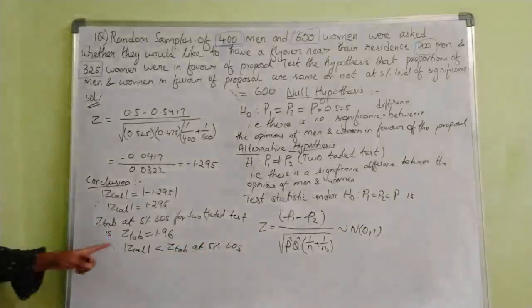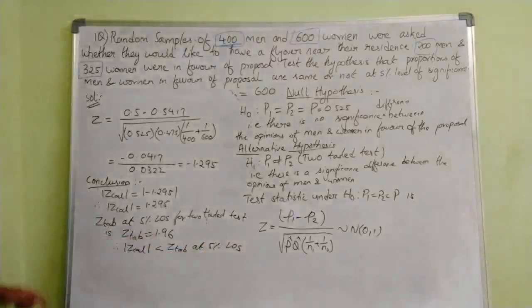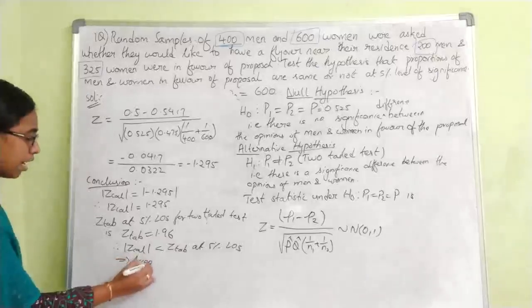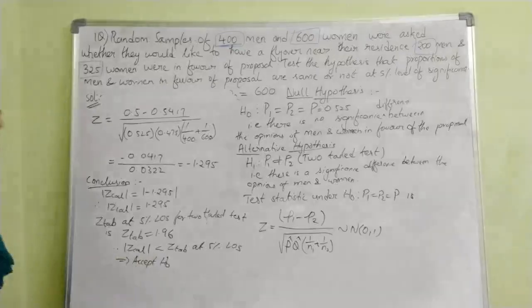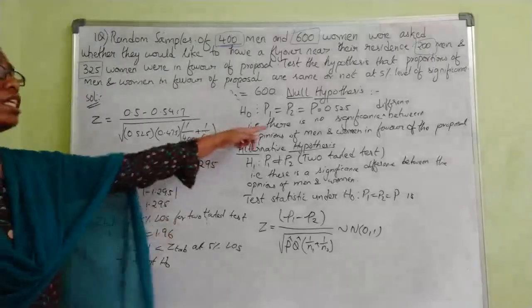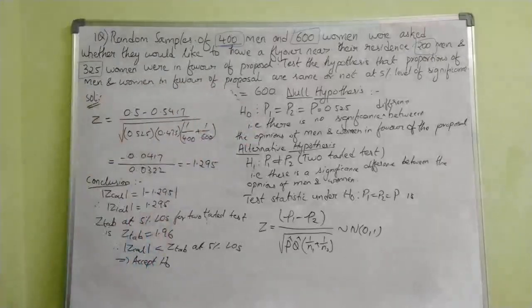If the calculated value is less than the table value, this implies accept our null hypothesis. So accept H naught means, what is H naught? There is no difference between the opinions of the men and women in favor of the proposal. Now we'll continue with our next question.